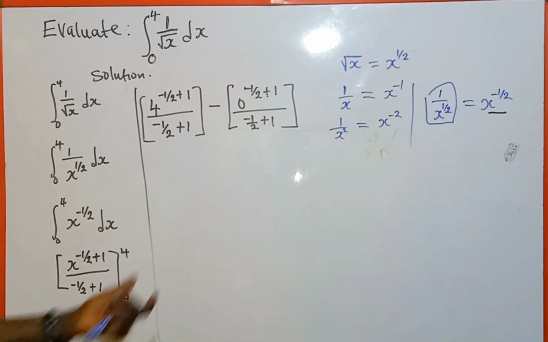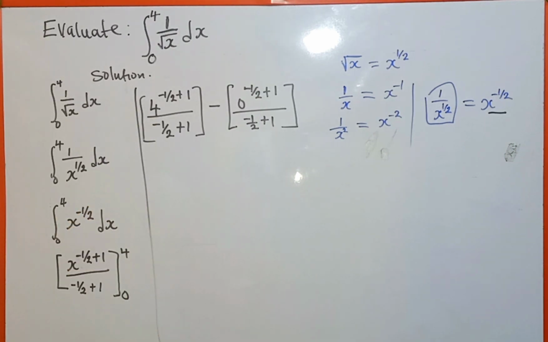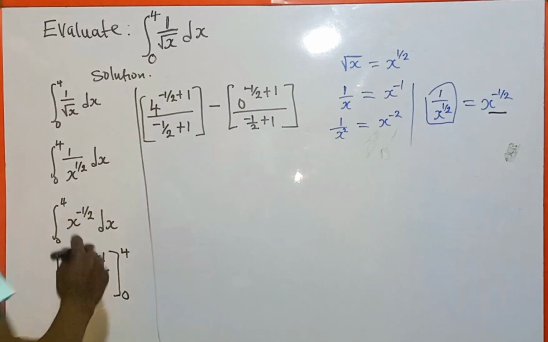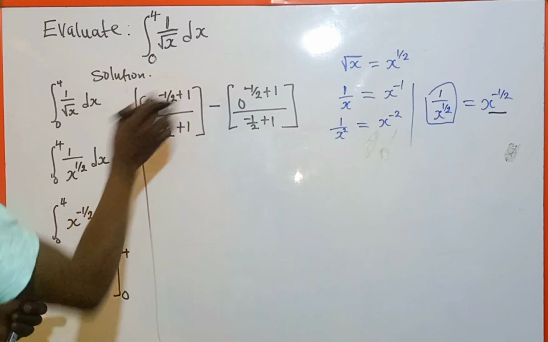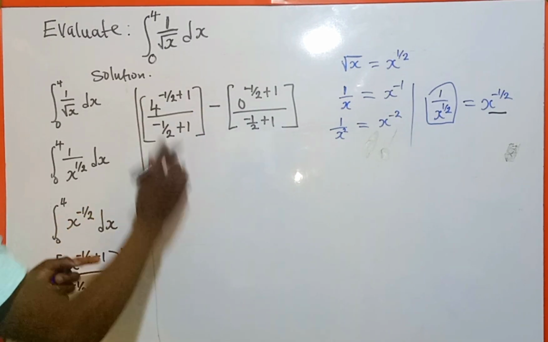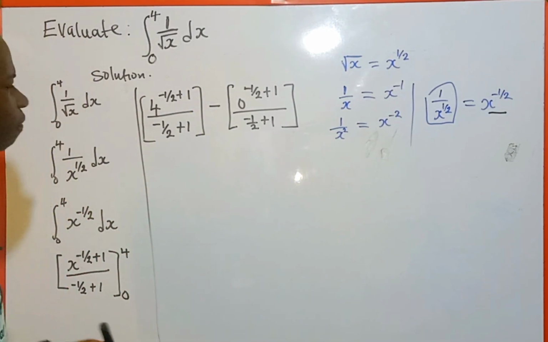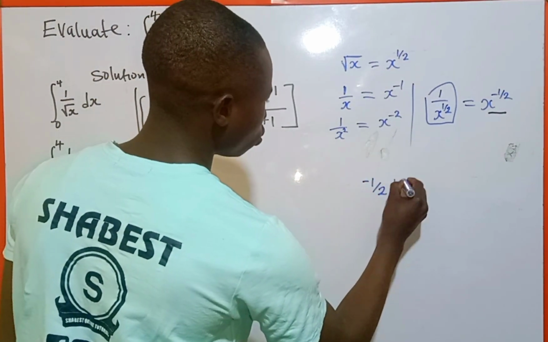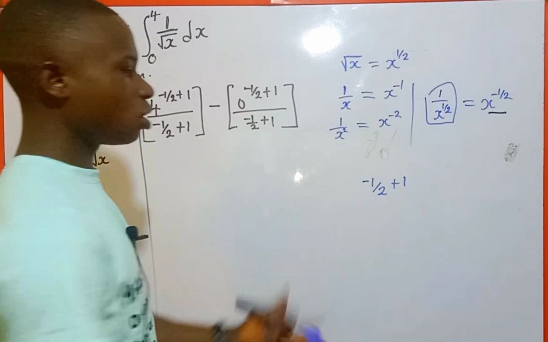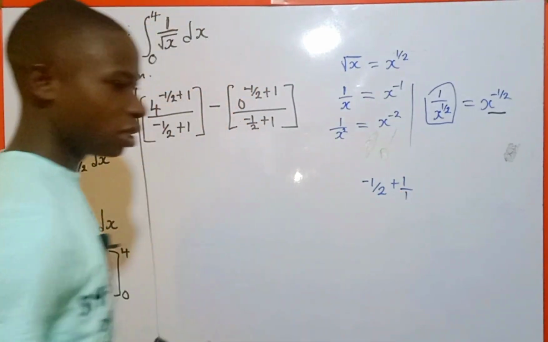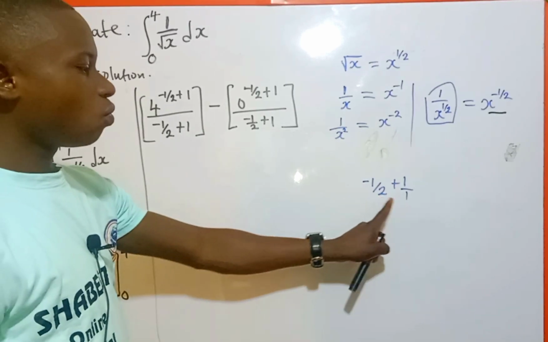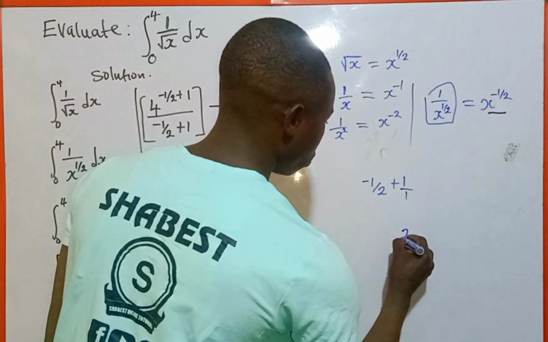The next thing we are going to do is to simplify this expression. Looking at 4 to the power of minus 1 over 2 plus 1, the first thing we need to do is simplify the power. Minus 1 over 2 plus 1: the 1 can also be written as 1 over 1. Then you take the LCM of 2 and 1, which gives us 2.